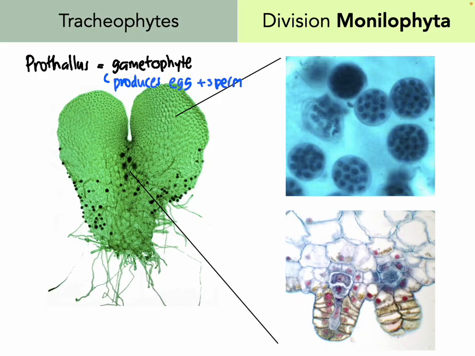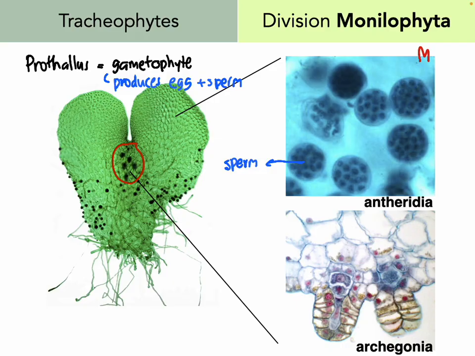So we have on the outskirts here, on the outside of the heart, you have antheridia. And antheridia is male or female? Male, right? Male produces what? The sperm. So they produce sperm here. And below, like at the axis of the heart here, you have archegonia, which is female, right?